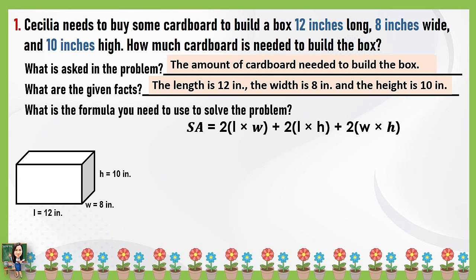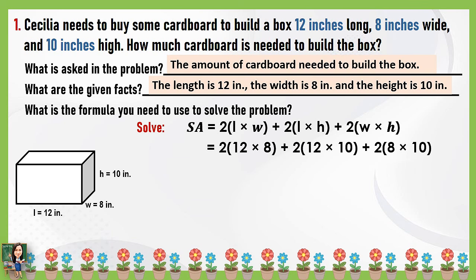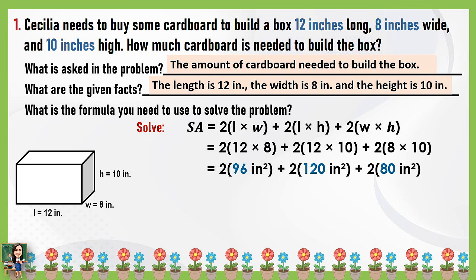The formula is surface area equals 2 times length times width plus 2 times length times height plus 2 times width times height. Then solve. Let's solve first length times width, which is 12 times 8 equals 96 square inches. Then length times height, which is 12 times 10 equals 120 square inches. Then width times height, which is 8 times 10 equals 80 square inches.